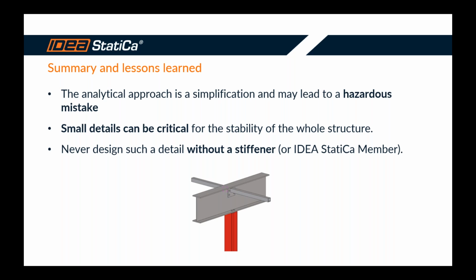And the last thing to emphasize here: if you see such a detail with a high or tall web, even though it has bracings, always think twice, be careful, and don't design such details without a stiffener.